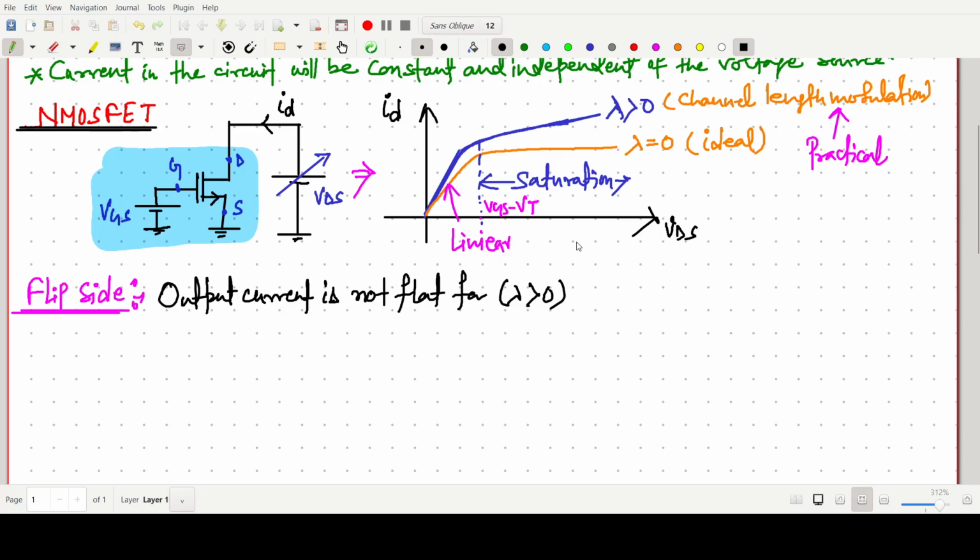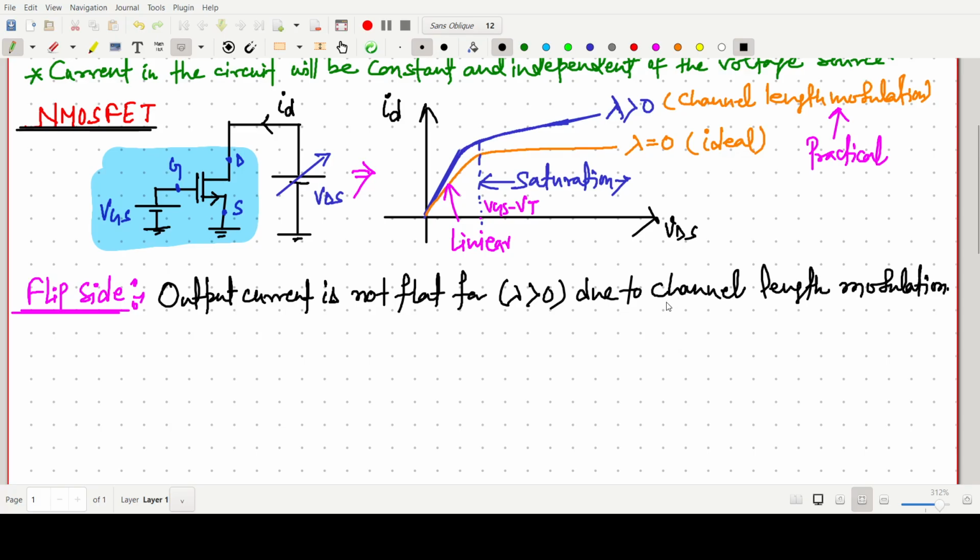Okay, because in the practical case, it is due to channel length modulation. This one is the fact. It means if we consider the channel length modulation, the output current is not flat.